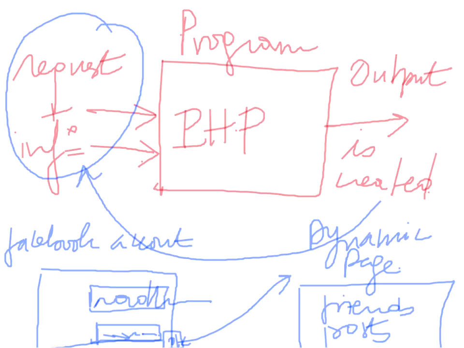So it is clear the difference between a dynamic web page and a static one, and the difference between PHP as a server scripting language and HTML as a client-side programming language. Okay, good.